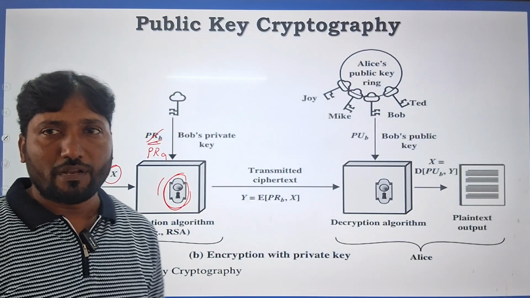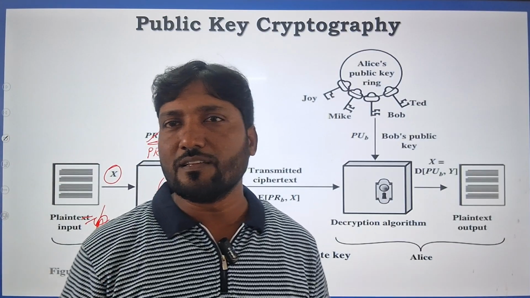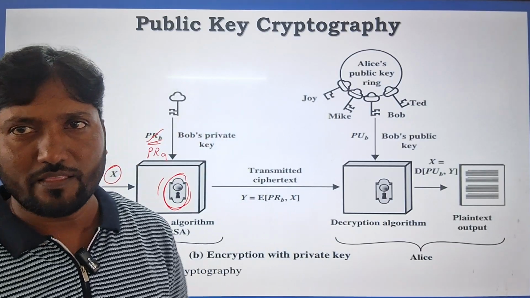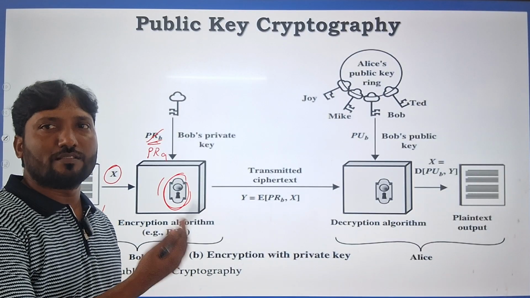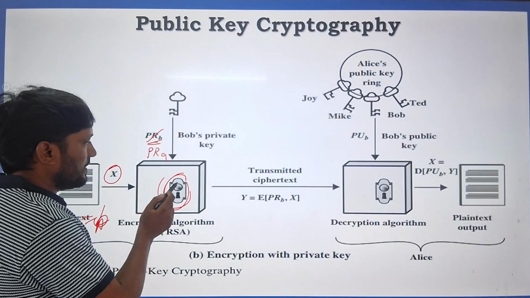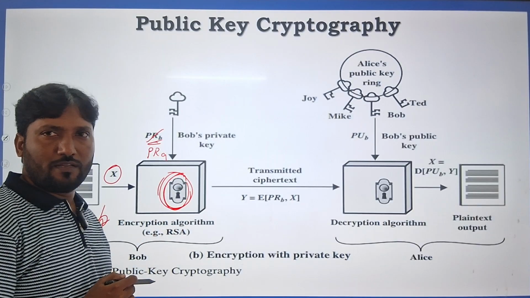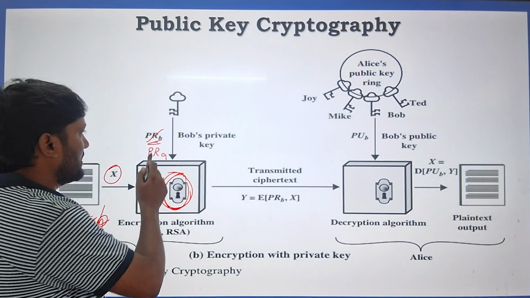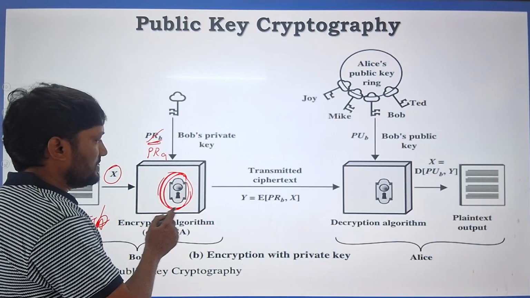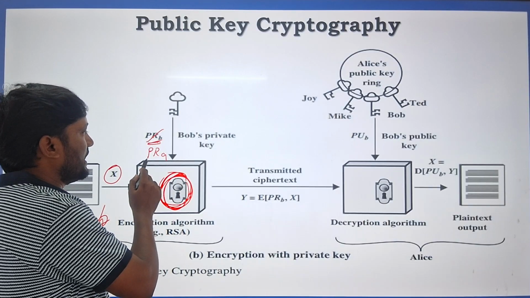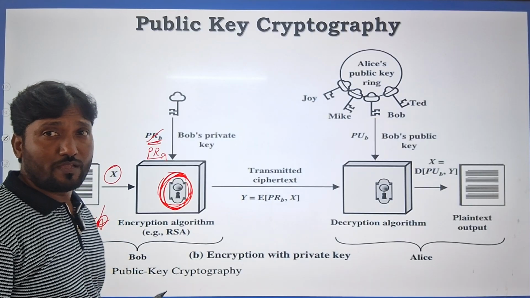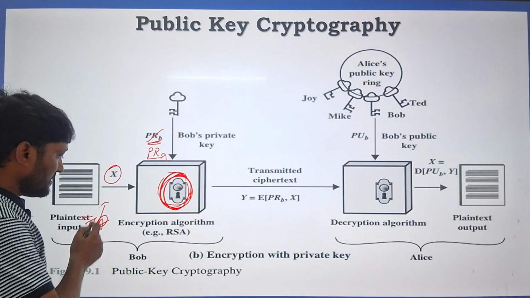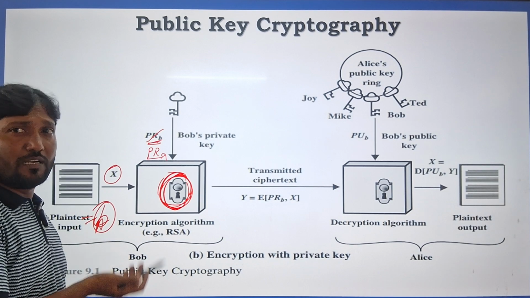Because the private key is the secret key, it is not a shareable key. That's why the user who wants to transfer the data to the receiver can encrypt with that person's own private key. This X is encrypted by using the private key of A or the private key of B, so A is the sender only, B is the sender only.